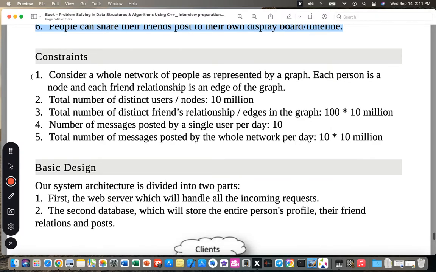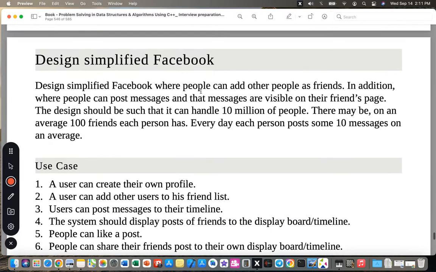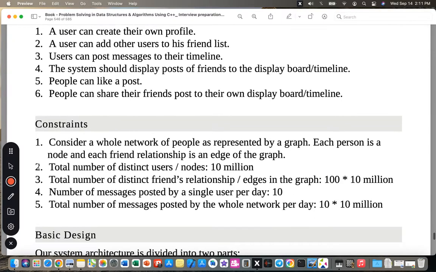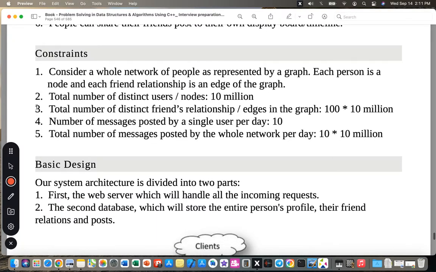So consider a whole network of people represented by a graph. Each person is a node, and each friend relationship is an edge of the graph. The total number of distinct users, nodes, is 10 million, because it shows in the question that it can handle 10 million. The total number of distinct friend relationship edges in the graph is 10 to 100 million.